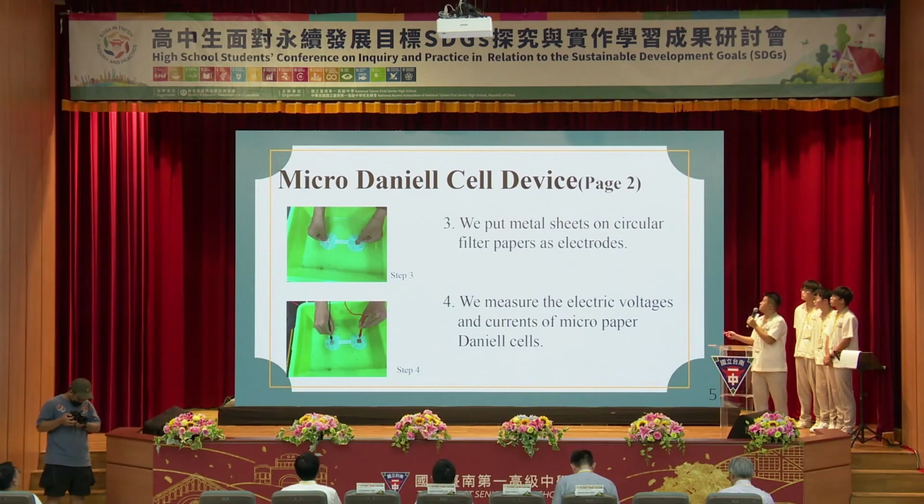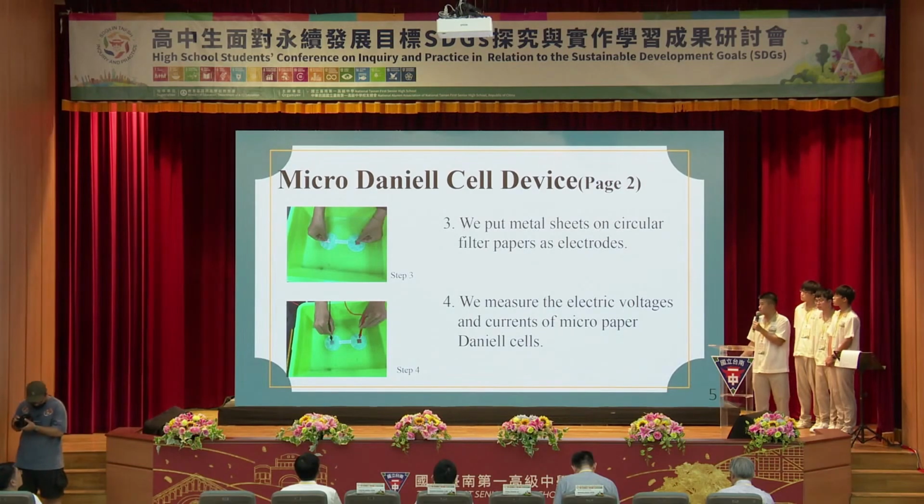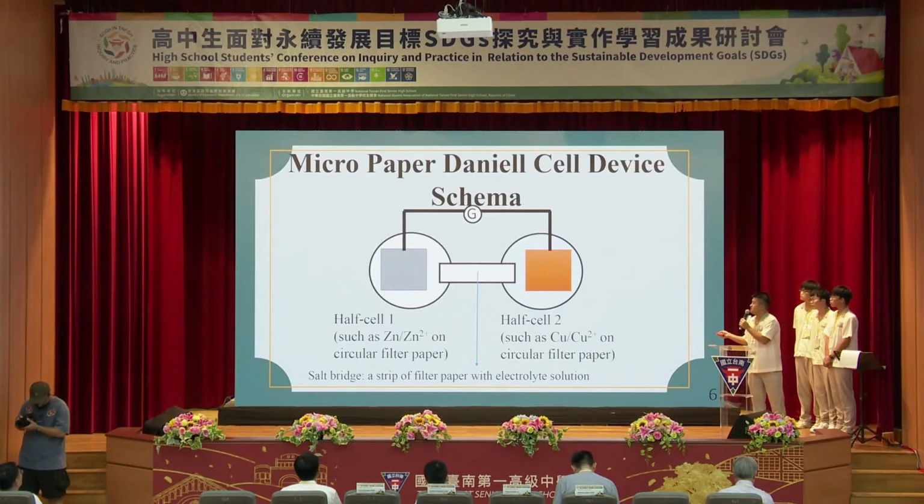Next, we put metal sheets on the circular filter paper as the electrodes. And the last step, we measure the electric voltages and currents of micropaper Daniell cells. And you can look at the schema. Next, I'll invite Alan to talk about this further.